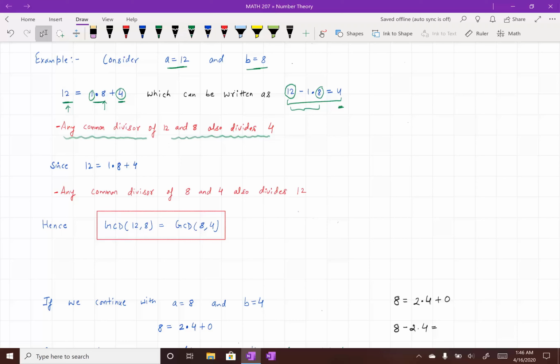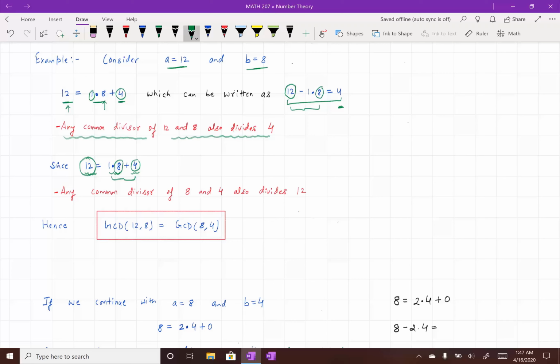Now if you look at your original expression, which was 12 written as 1 times 8 plus 4, you can make a similar observation here: any common divisor of 8 and 4 is going to divide the whole right hand side, 1 times 8 plus 4, and since 1 times 8 plus 4 is equal to 12, it's also going to divide 12.